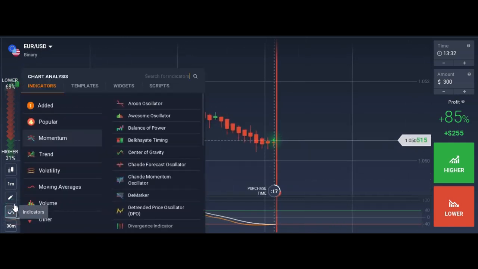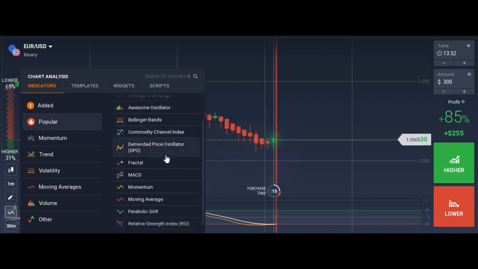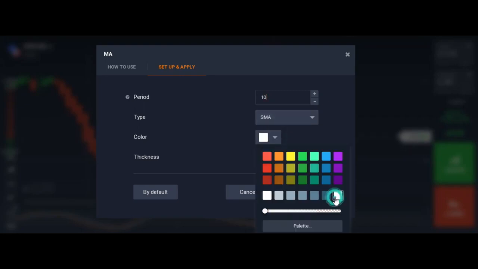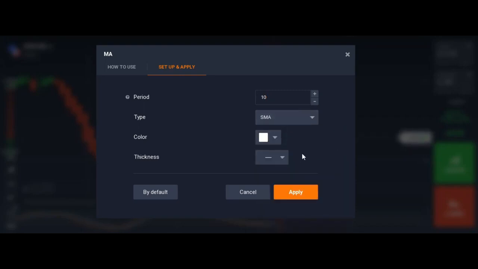Moving average. Period 10. In type we put SMA, white color and thick line.